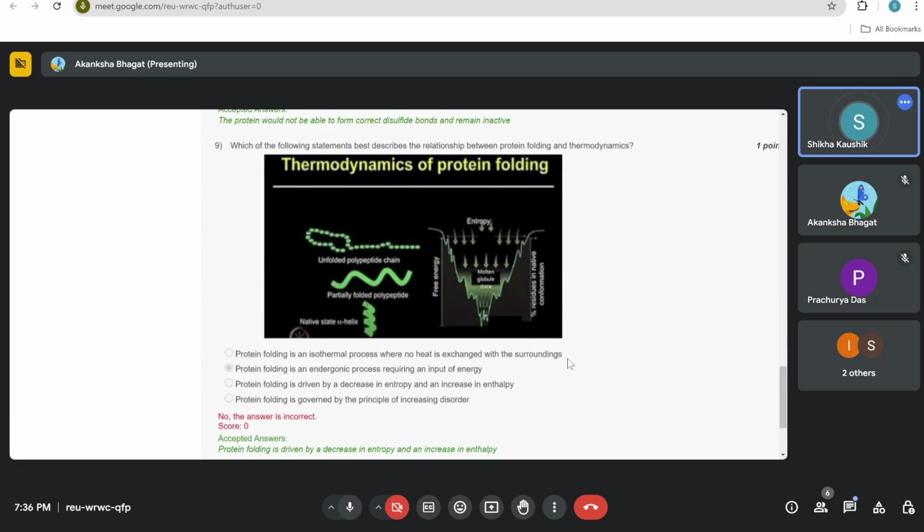Protein folding is an endergonic process requiring input of energy. Protein folding is driven by a decrease in entropy and increase in enthalpy. Protein folding is governed by the principle of increasing disorder. Why do you think it should be the second?